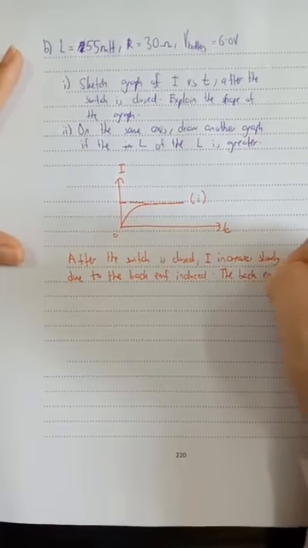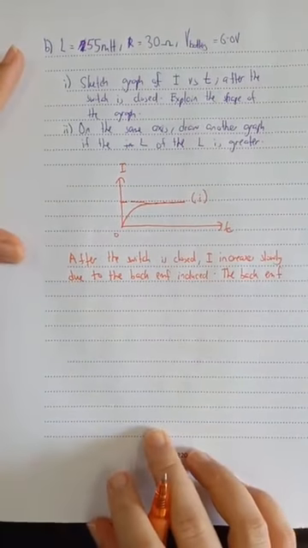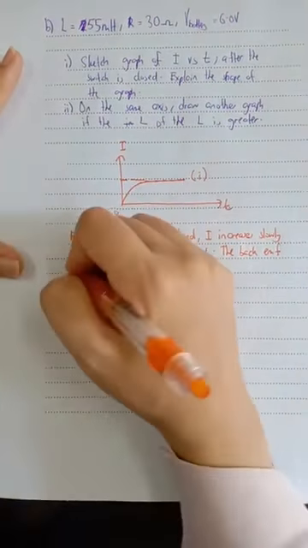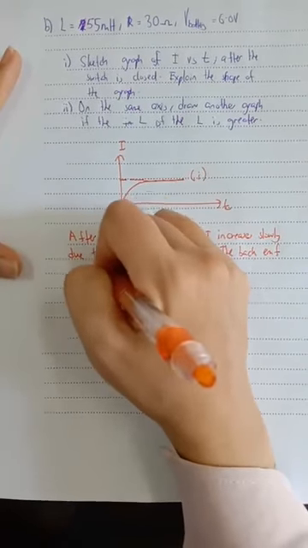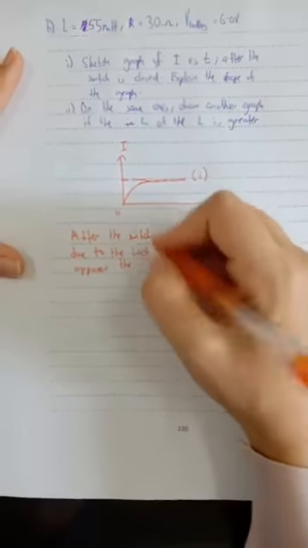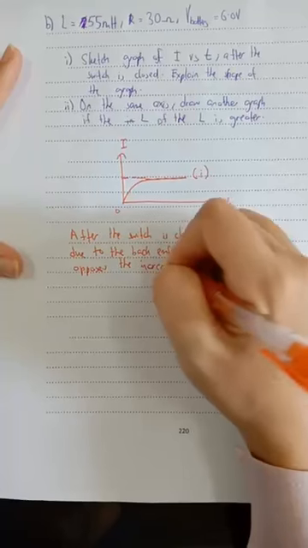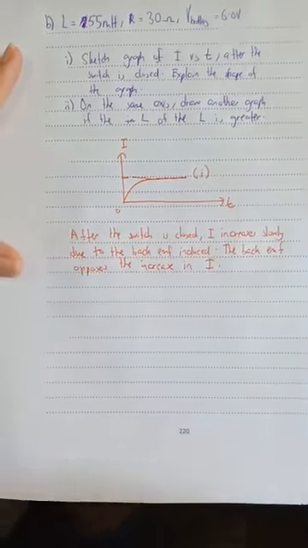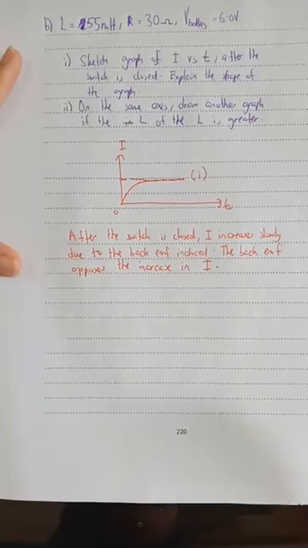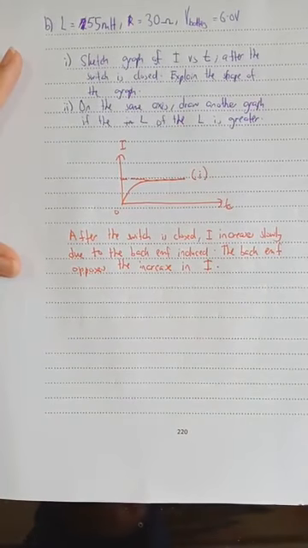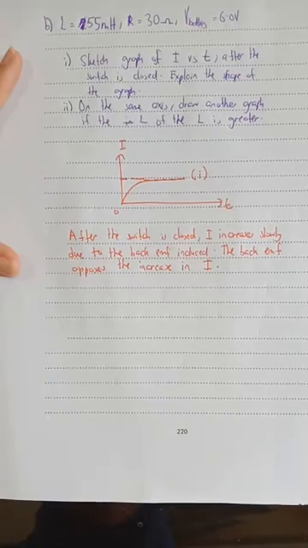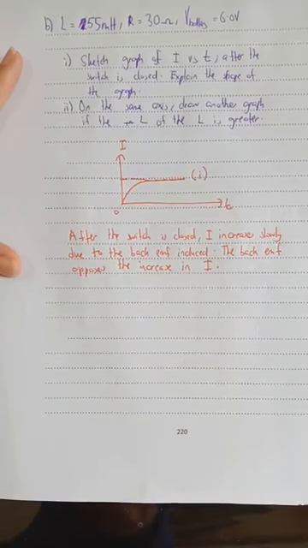The back EMF, okay, opposes the increase in current. Okay, after the switch is closed, current increases slowly due to the back EMF induced. The back EMF opposes the increase in current.